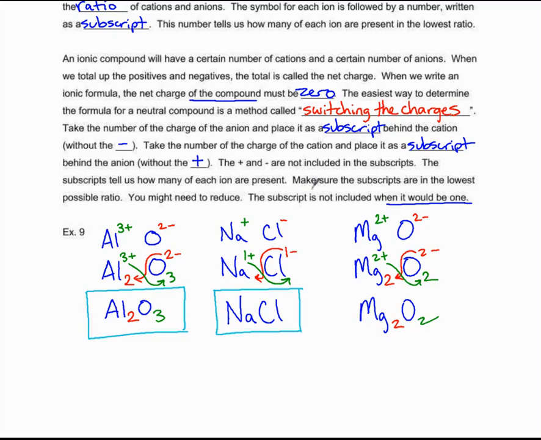But we need to make sure that these subscripts are in the lowest possible ratio. This is the situation where we need to reduce. This is kind of like having a fraction of 2 over 2. In reality, it's just 1, it's the number 1. The same idea here. If there's 2 of these and 2 of these, in the lowest ratio, it's 1 of each. And so for this one, our final formula is MgO.